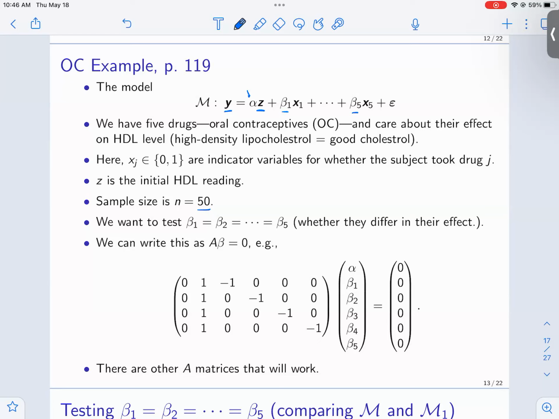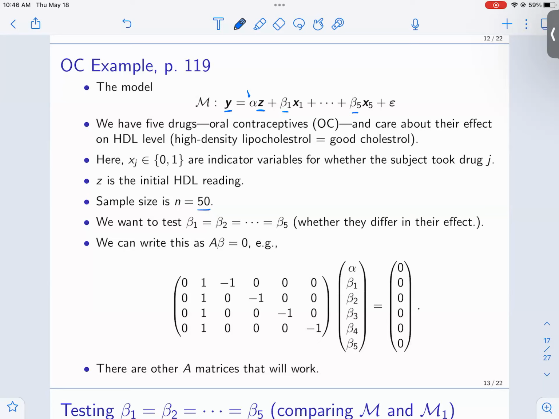Alpha is what happens: today you have this cholesterol level, tomorrow you have that one. There is this link between them, nothing to do with the drugs. x1 is an indicator variable that tells you whether you took drug 1 or not. If you have taken drug 1, then you add beta 1, so beta 1 adds to the effect.